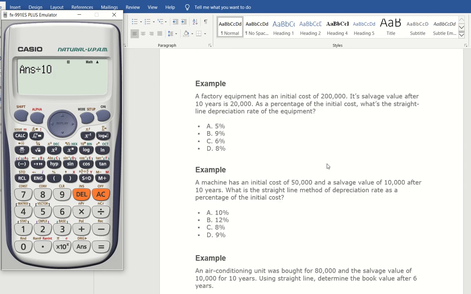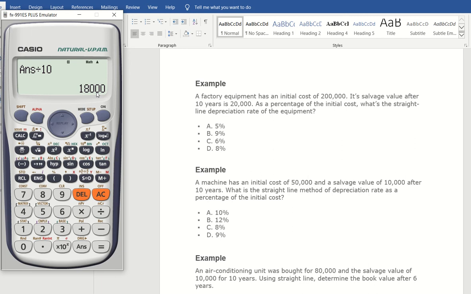Oh, by the way, I think I forgot to read the problem. So the factory equipment has an initial cost of 200,000. Its salvage value after 10 years is 20,000. As a percentage of initial cost, what's the straight line depreciation rate of the equipment? So it's asking for the rate. So again, what I did is 200,000 minus 20,000 divided by the years. We have here 18,000.